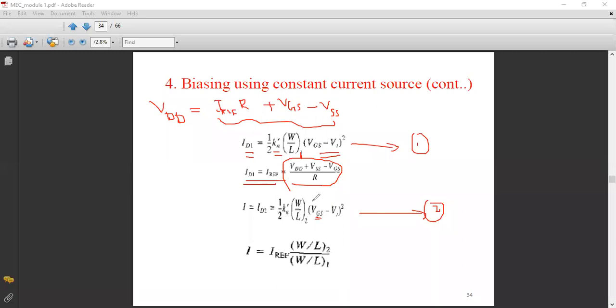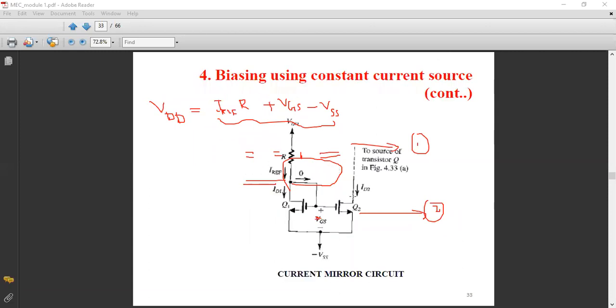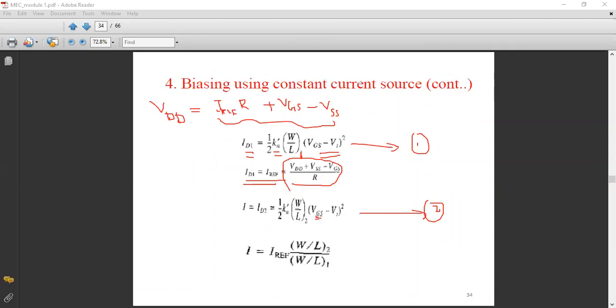Why is VGS the same? As you can see in the previous slide, the gate and the source terminals are connected together. See the circuit. The two gates are connected together and the two sources are connected together, which means the gate to source voltage across Q1 is the same as that across Q2. Therefore, I have simply written VGS minus VT the whole square in both the equations.